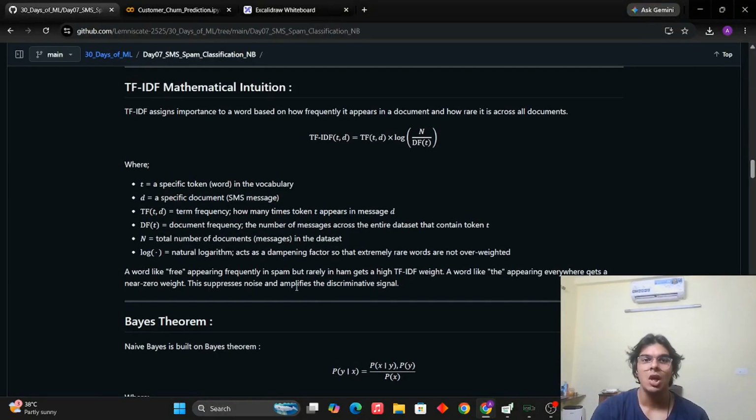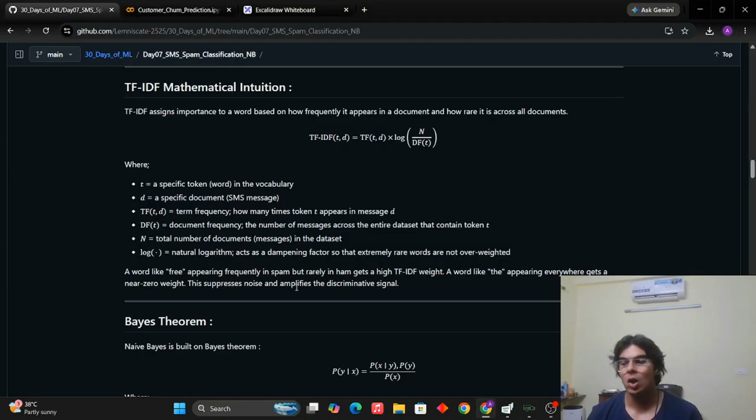It is basically based on frequencies. It assigns importance based on how frequently the word is occurring and how rare it is across all the documents. This is a very intuitive model because let's say we have got "I", "am", "the". These words are common words, called stop words.